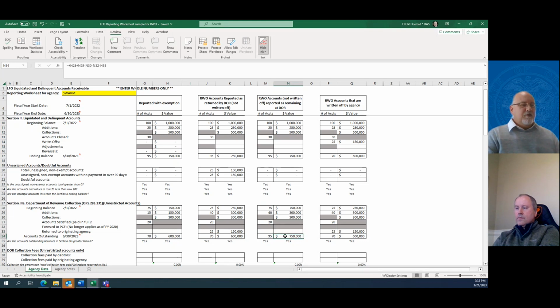Therefore, it will now show the balance at DOR is 750,000.